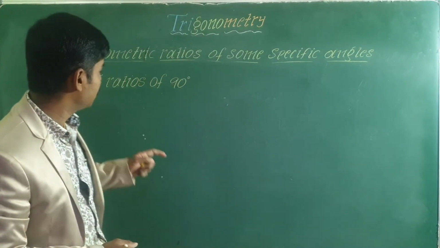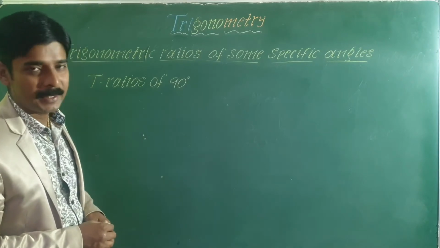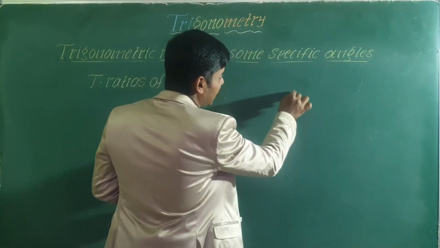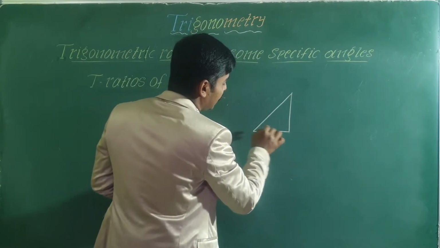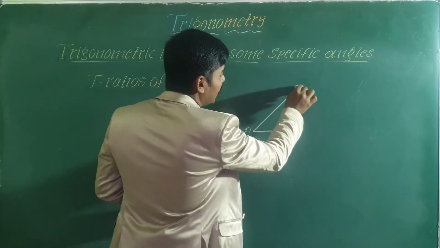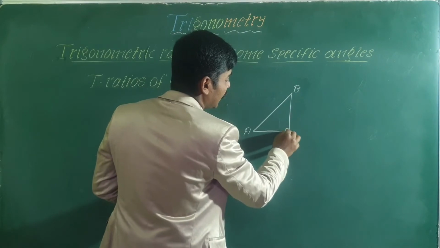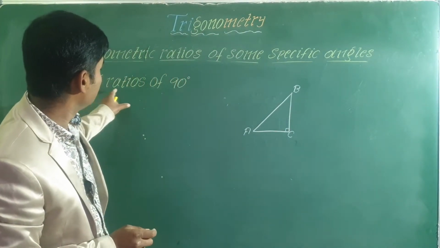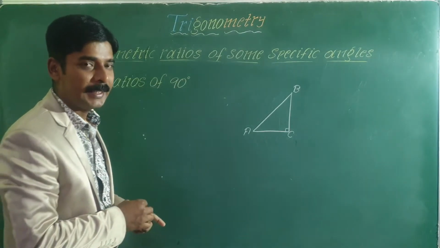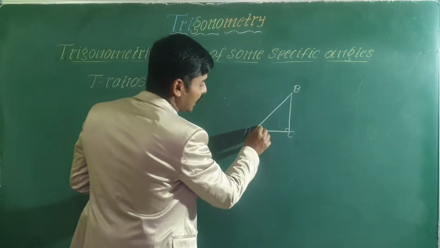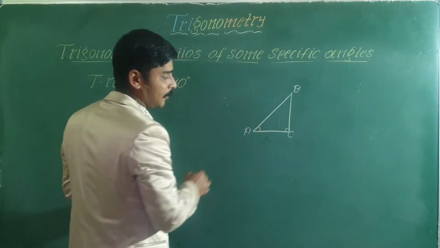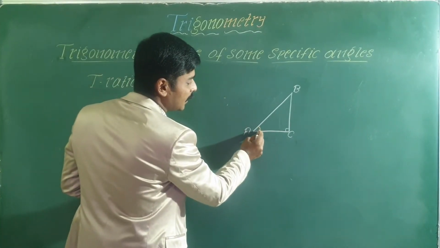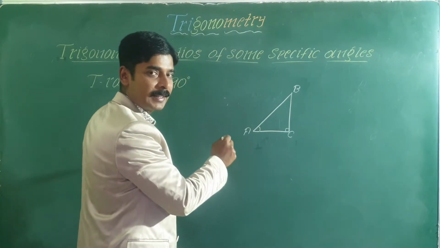Next, let us find the T ratios of 90 degree. So for this, we will consider a right angle triangle ABC, right angled at C. Now, since we must find the trigonometric ratios of 90 degree, we must make this angle A 90. So what we can do is, we must go on increasing this angle A. We must make this angle A larger.